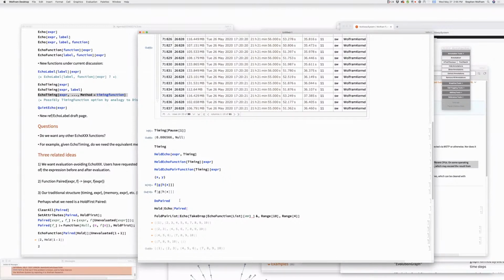If H is some kind of curry-like thing, because what it's doing is taking H of X. H of X is going to return two things. One of them we're going to throw away.